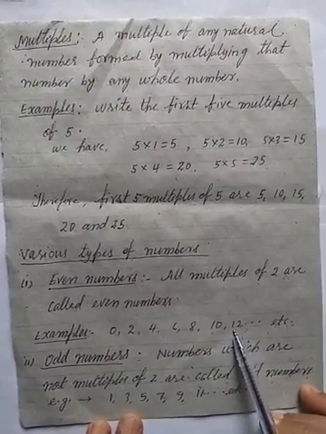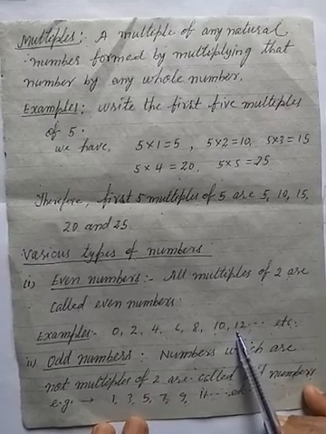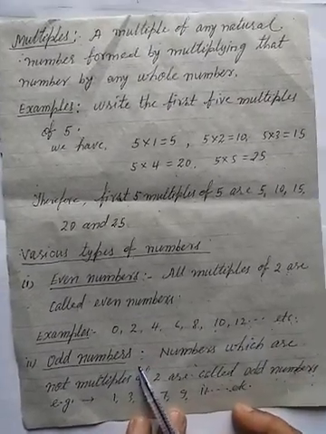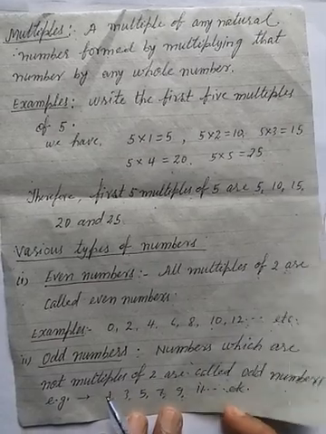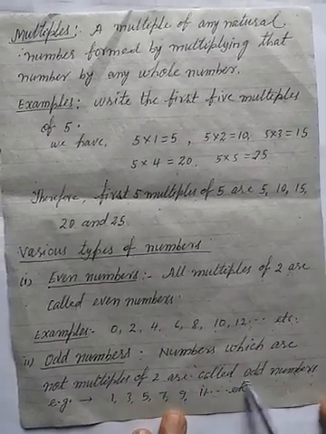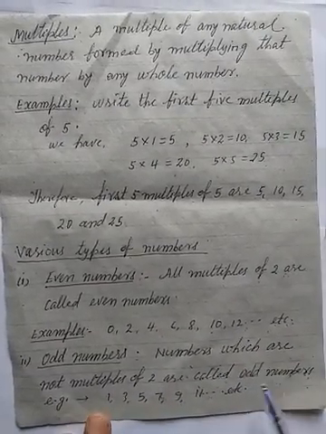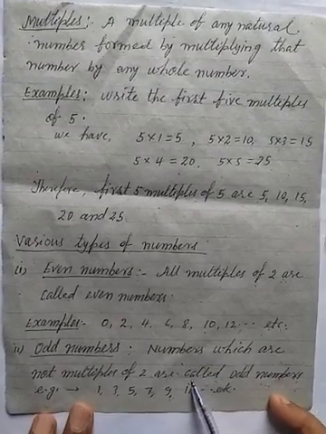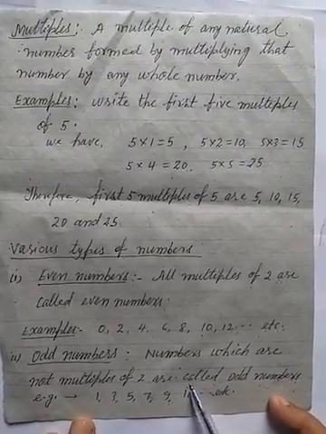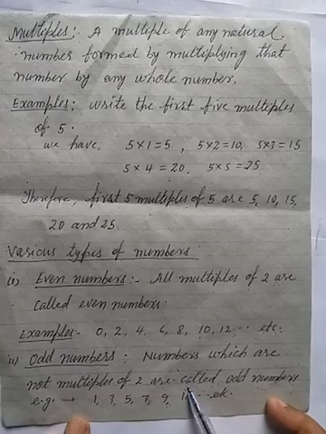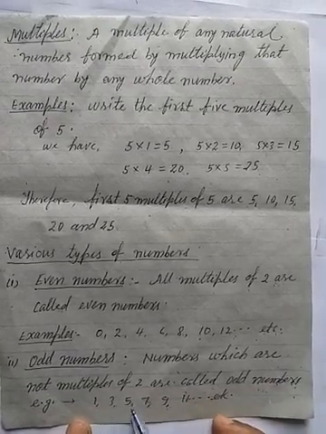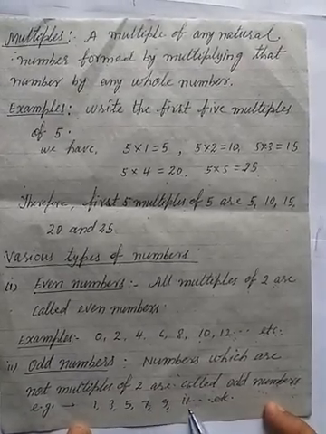These are the numbers which are exactly divisible by 2. Now odd numbers. Those numbers which are not multiples of 2 are called odd numbers, or we can say those numbers which are not exactly divisible by 2. 1, 3, 5, 7, 9 and 11 are the examples.